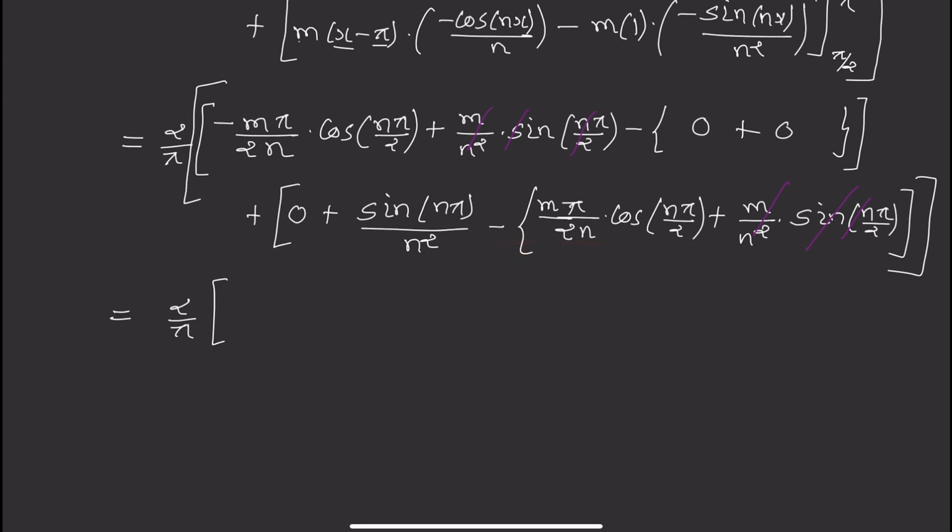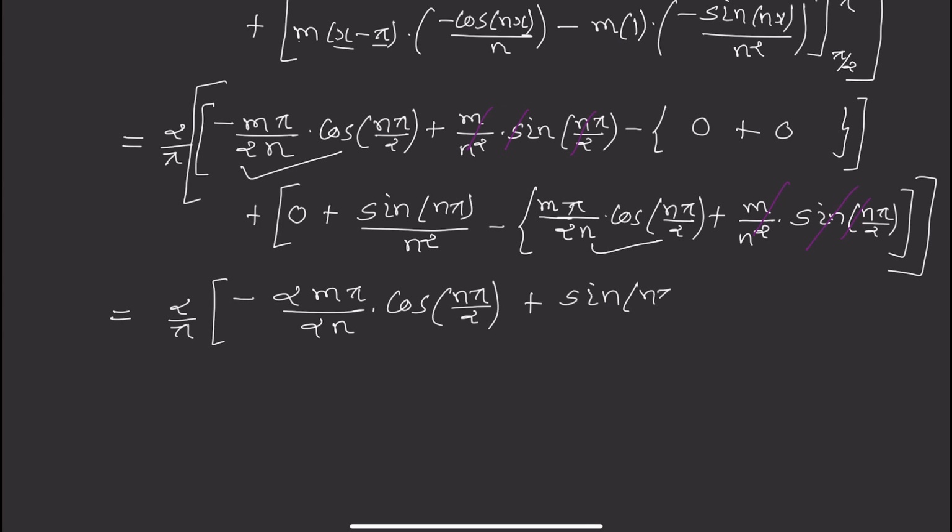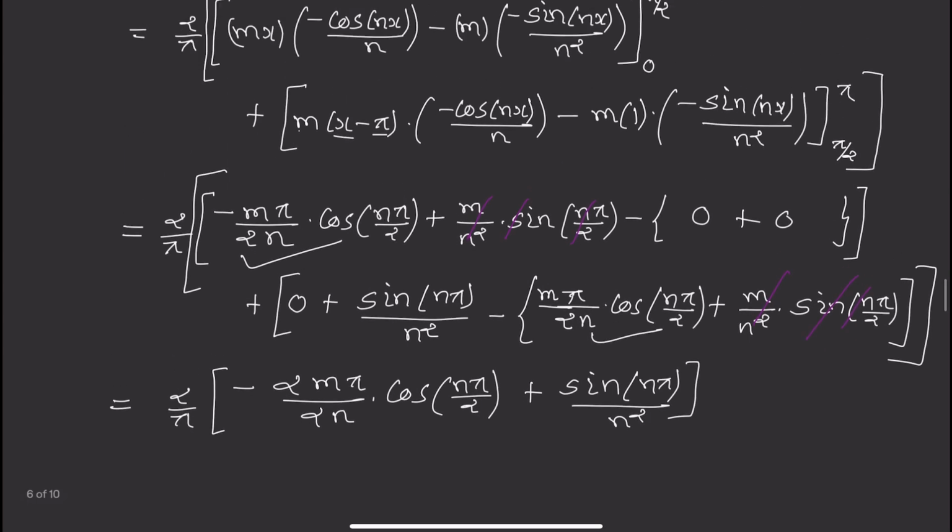Clear? So that is minus 2 times m pi upon 2n into cos n pi by 2. Clear? So this term and this term. Now the remaining term is plus sine n pi upon n square. So this can be the value of bn.